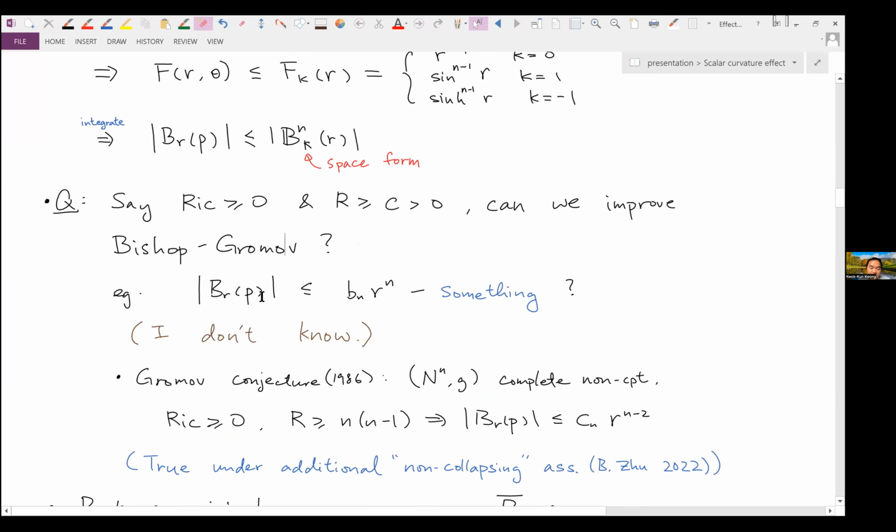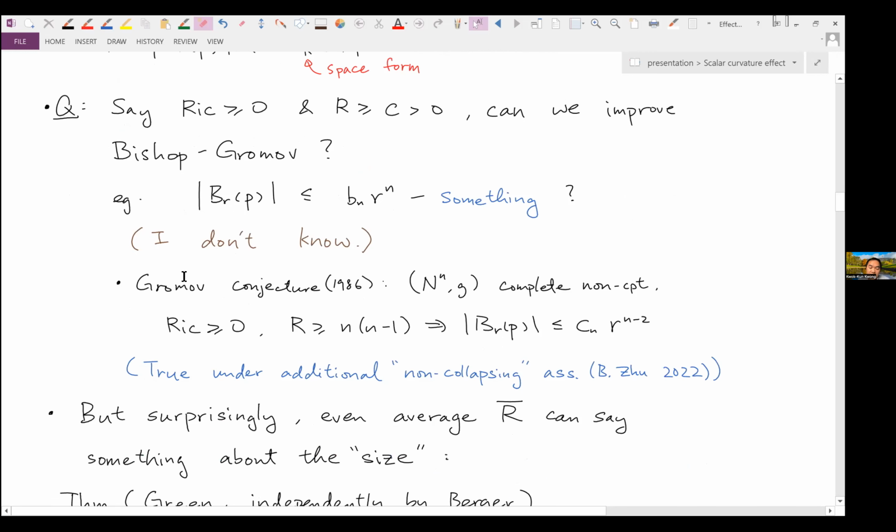So can we say that the ball is smaller than the standard one minus something? In exactly this setting, I still don't know the answer. Although there is some work, for example by Freedman and Brown on homogeneous spaces. In their result they are not exactly using this assumption, but they can improve the Bishop-Gromov estimate for homogeneous spaces.